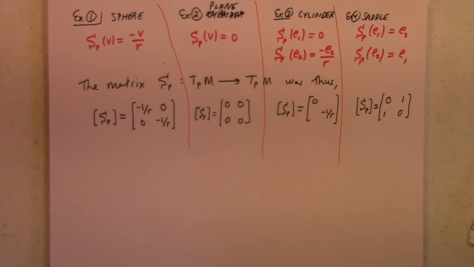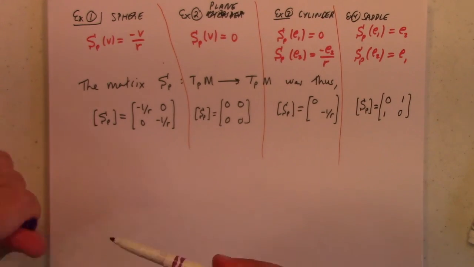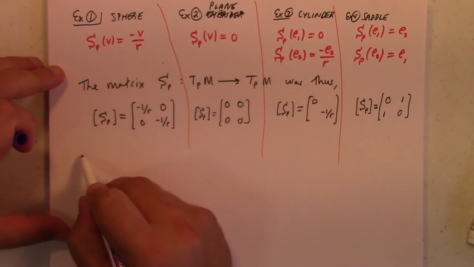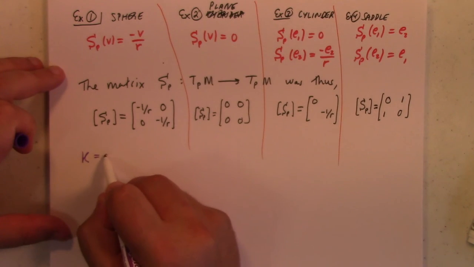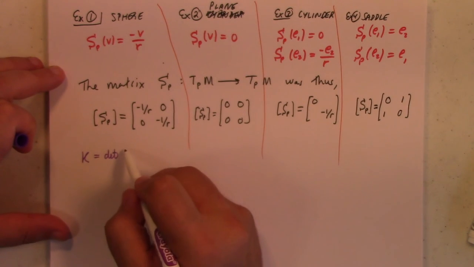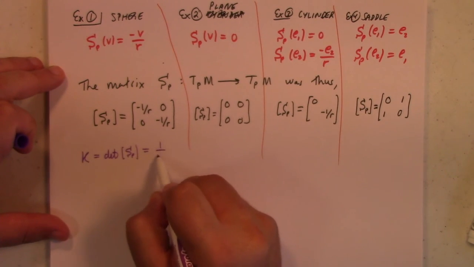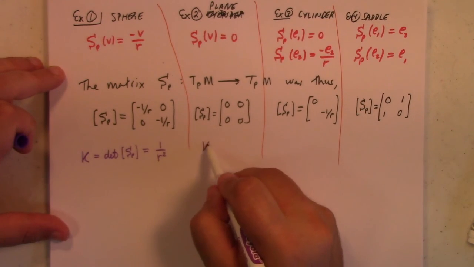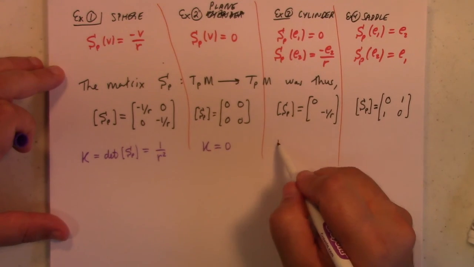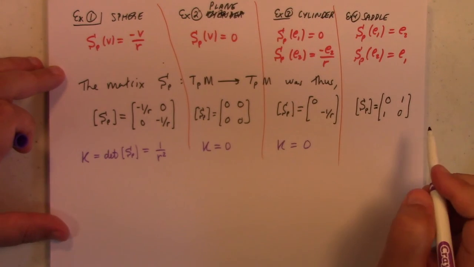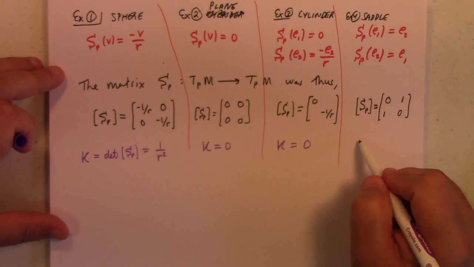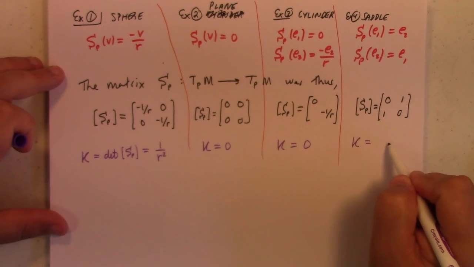So if you don't mind me putting this out of order, K, the Gaussian curvature, is the determinant of that matrix. And so the Gaussian curvature is 1 over R squared here. The Gaussian curvature for this is 0. The Gaussian curvature for that is 0. The Gaussian curvature for this is minus 1.